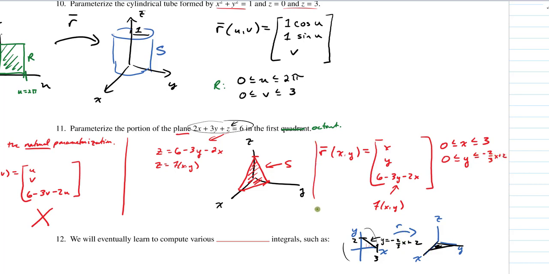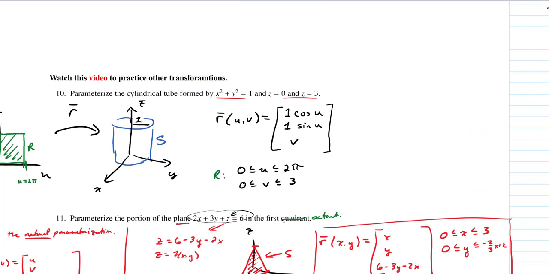So the point that I'm trying to make by this example here, folks, as opposed to the other two parameterizations that we looked at, is that we simply use what I call this natural parameterization. We let x be x, we let y be y, and then we just restated an explicit description of our surface, and then we simply made sure that the domain worked, with the domain being the projection of the surface into the xy plane, where we think of that xy plane as the domain space, and we don't draw the two sets of pictures like we did up here.